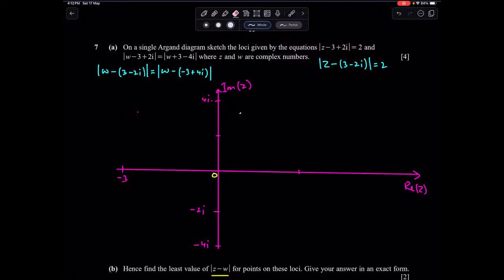So first I have to take a proper scale on both the axes. So this is 2i, 4i, so this is also 2, this should be 3, minus 2, minus 3.